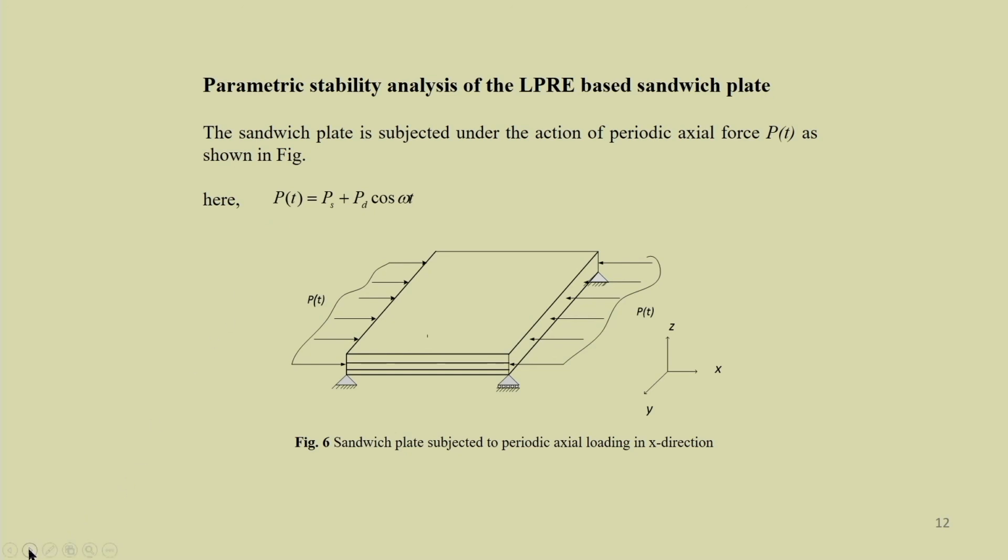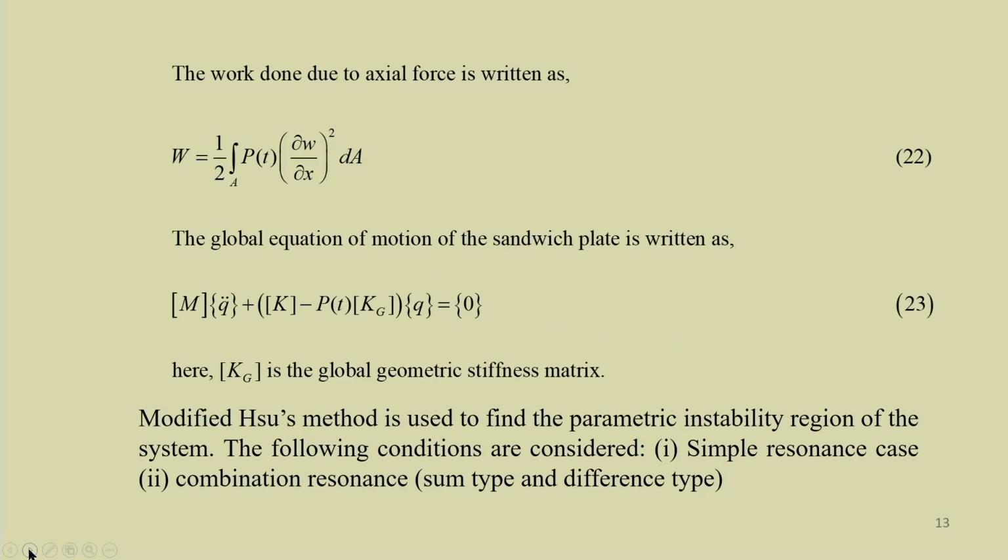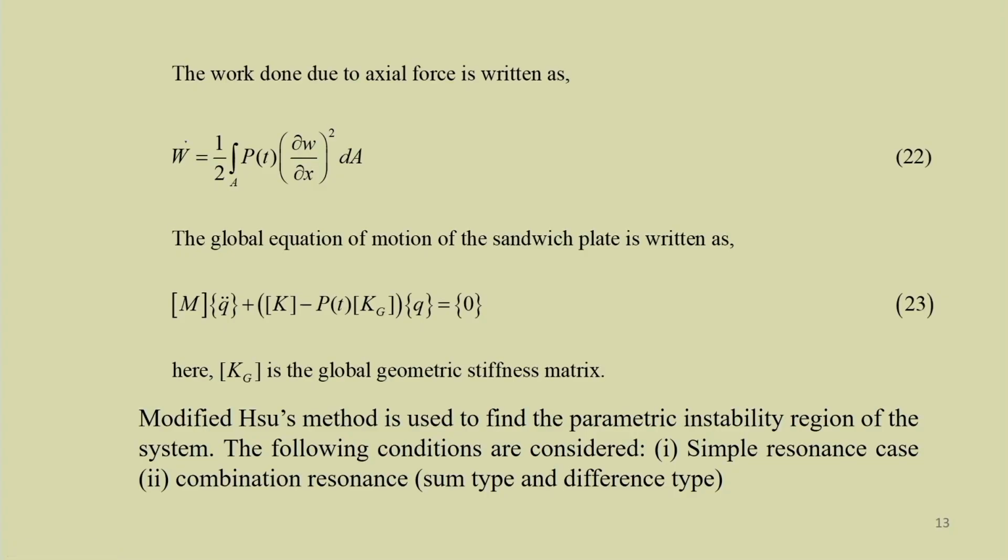If it is applied, then in the equation of motion that we have derived just now, we can put in the work done due to this axial force, which can be written as half integration of Pt into (del w by del x) square dA. So, after knowing this work done, you can apply the Hamilton principle.